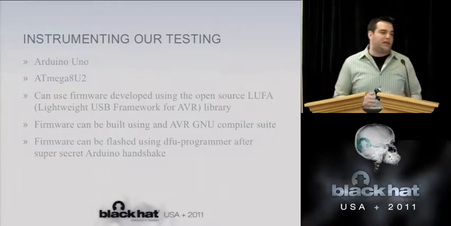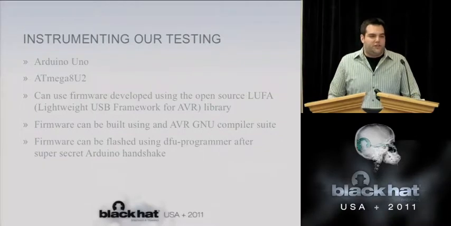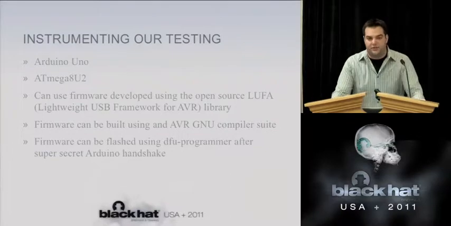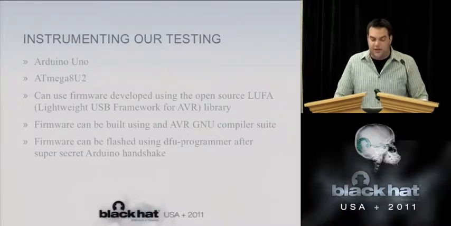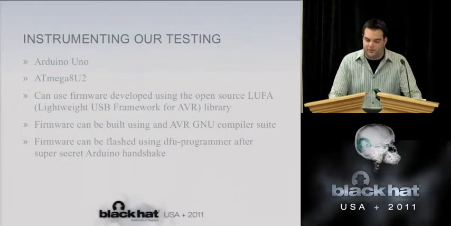Basically this is a framework where you can modify whatever you want in the USB firmware and compile it. You can flash it onto the Arduino if you give it the super secret handshake to turn it into DFU programmer mode. Then you can upload your firmware and run your custom firmware on the Arduino.